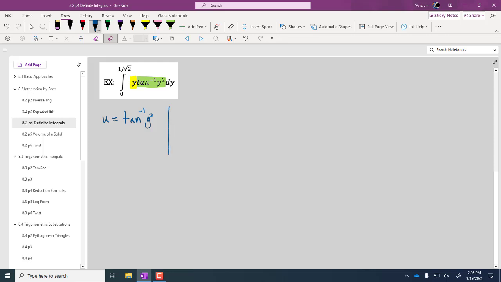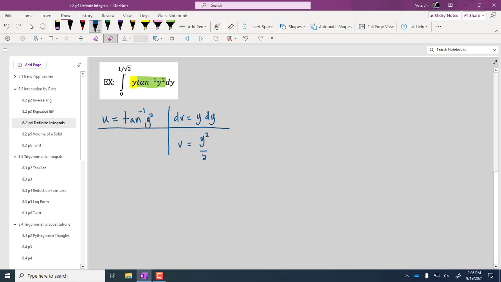You know the derivative, not the antiderivative. Correct? Right? You know the derivative is the 1 over 1 plus x squared form. So we're going to break apart the integrand. Top row, u dv. Everything should be used up. V is the integral, so we're going to get y squared over 2.